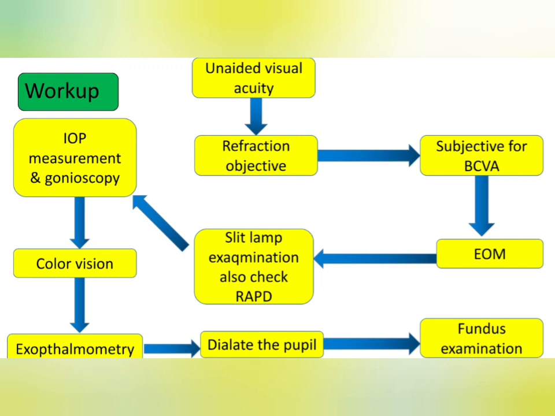After that, IOP measurement and gonioscopy should also be performed, and then do color vision testing. Then do the exophthalmometry with the help of the Hertel exophthalmometer. Then dilate the pupil and do the fundus examination.